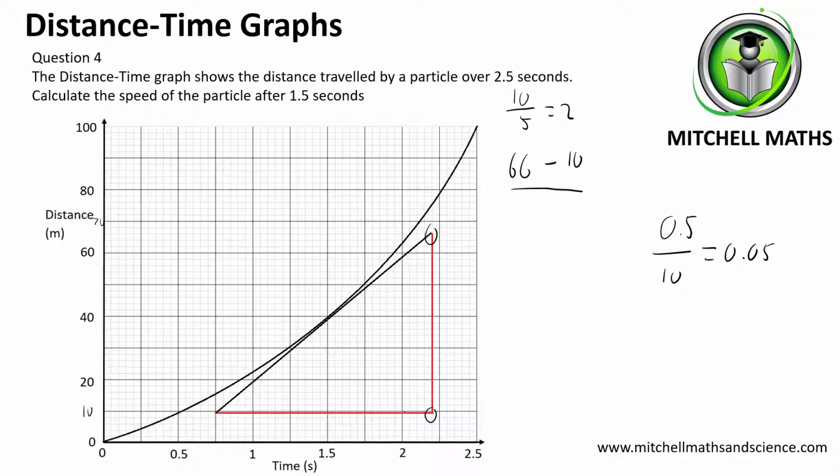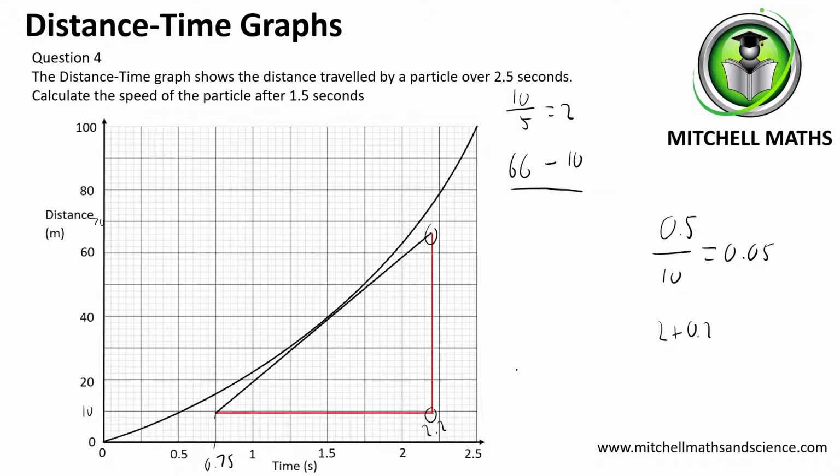I've got 2 here and I've got 4 boxes across. Well, 4 times 0.05 would be 0.2, so this point would be 2.2 seconds. And this point here is halfway between 0.5 and 1. So halfway between 0.5 and 1 is 0.75.